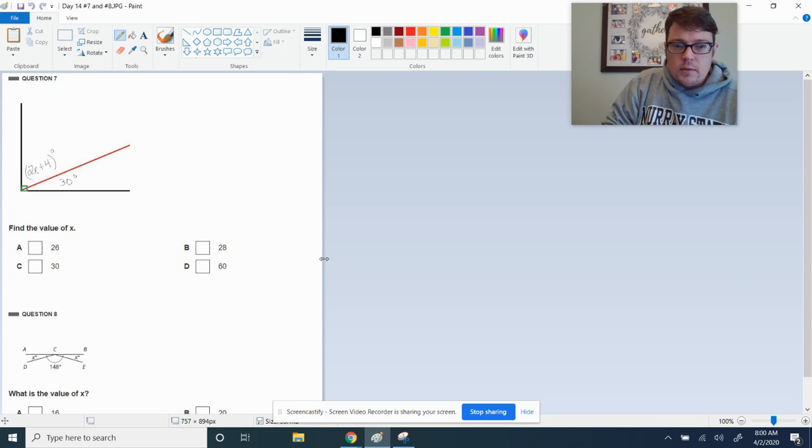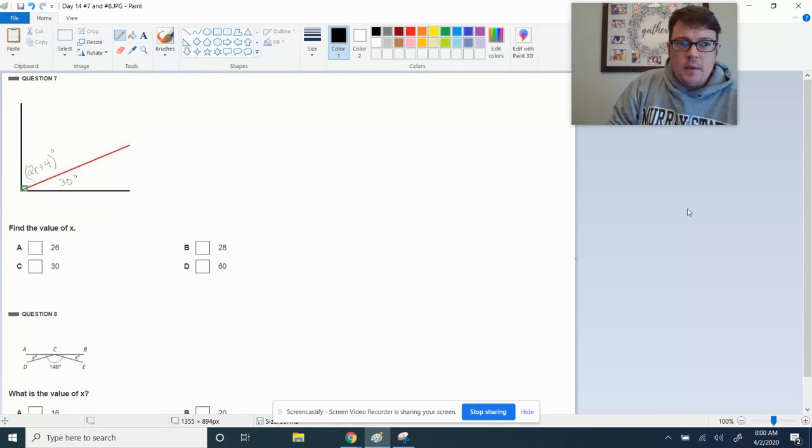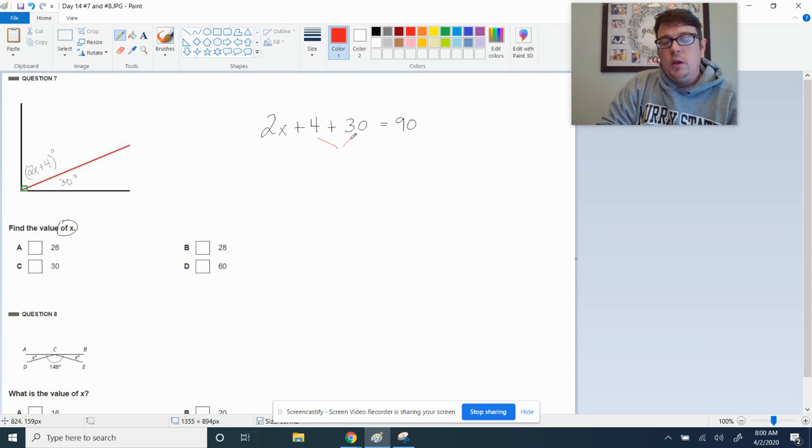And make some space over here to write. All right, number 7 is dealing with the exact same problem. So we already have the expression from the last problem. It was 2x plus 4 plus 30 equals 90. What they want us to do is to find x's value. Well, first thing that we want to do is combine these like terms of 30 and 4 because they have the same parts.